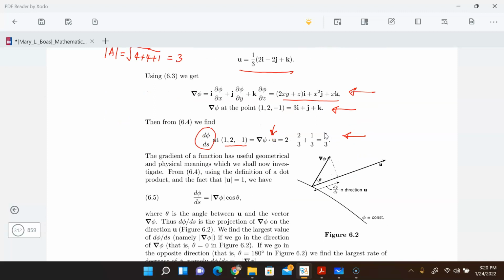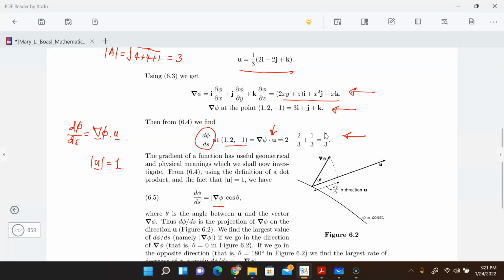But if you take your geometric picture, the directional derivative is given by del phi dot u. Remember, we have our geometric picture that this is given by the magnitude of del phi, and u is a unit vector here, and what's left is the cosine of the angle between u and your gradient phi.